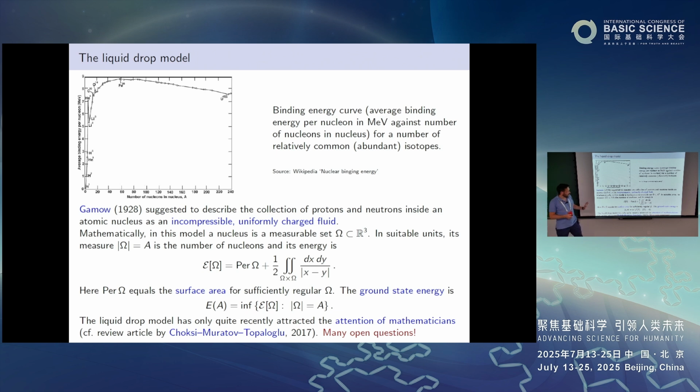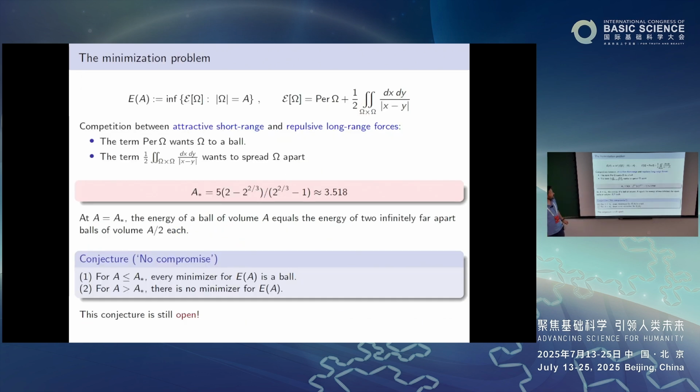I will focus here in the first part only on this minimization problem, because I think that's reasonably nice to explain. So once again, our functional, the perimeter and the Coulomb repulsion, we want to make that as small as possible under measure constraint. And the two competing terms that we have: the perimeter wants the set to be connected. And actually, if we think a little bit more quantitatively, if we ignore the other term, what is the problem of minimizing the perimeter given the volume?